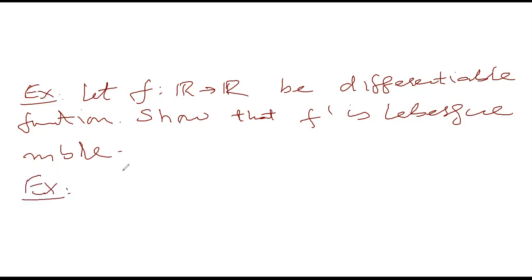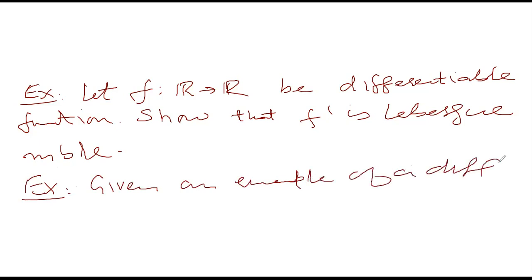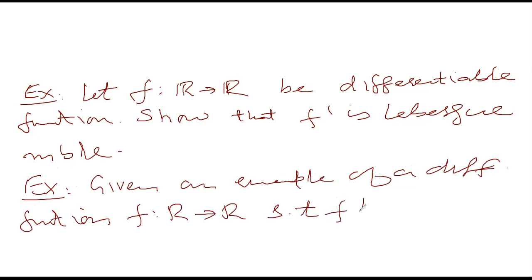Give an example of a differentiable function f from R to R such that f dash is not continuous. The derivative is not continuous, but the derivative is always Lebesgue measurable.